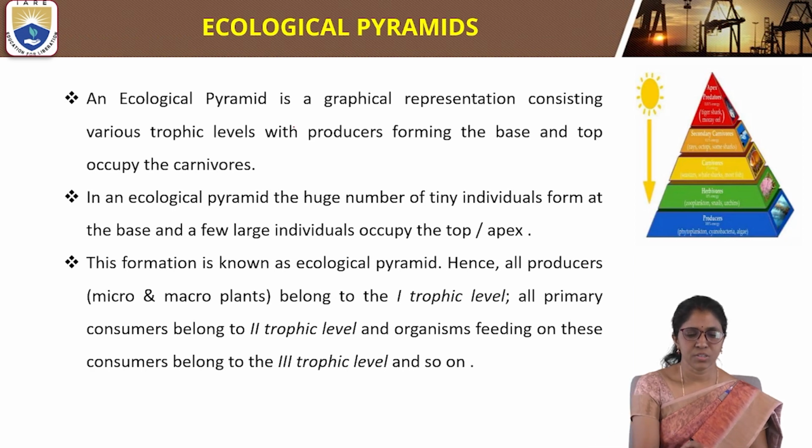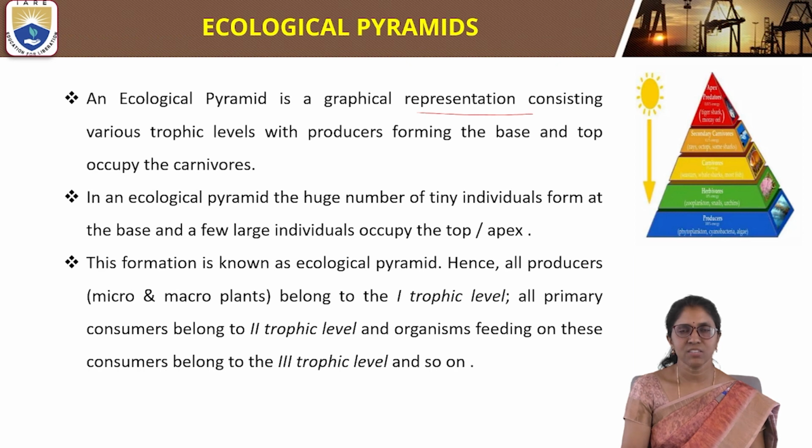This is a graphical representation consisting of various trophic levels, with producers forming the base and the top occupied by the carnivores.